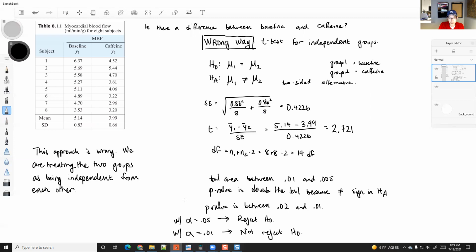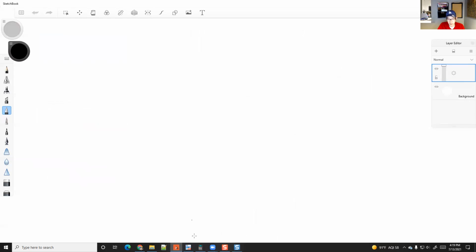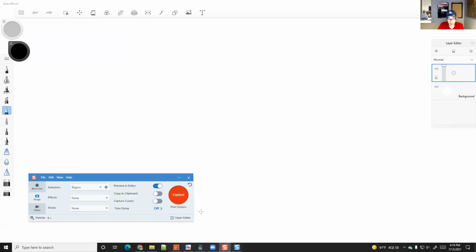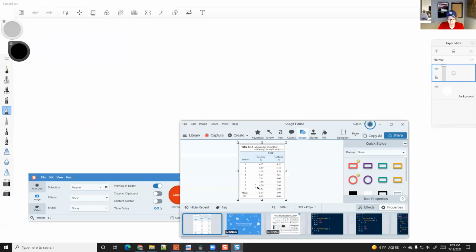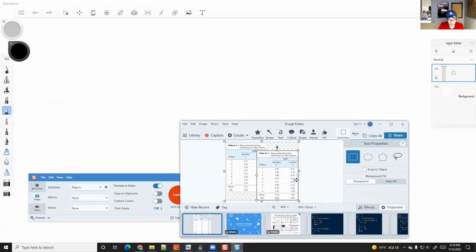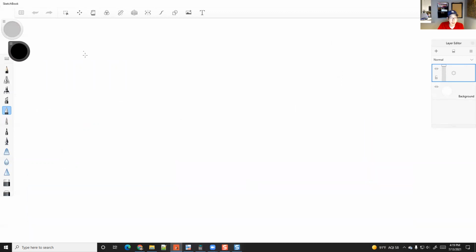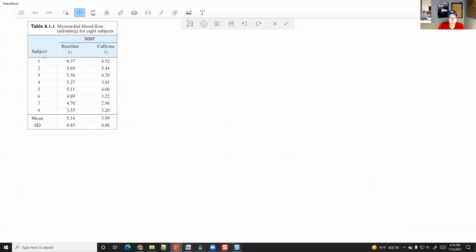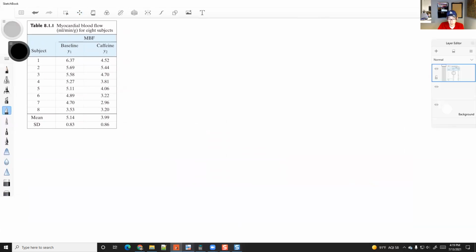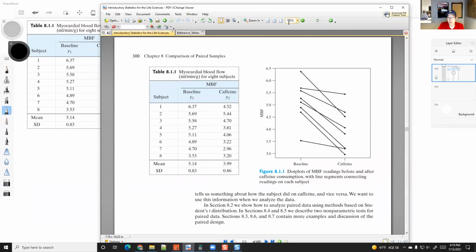The correct approach would be to treat the data as being connected, all right? And so let me once again copy this data, and put it here. And let me get this chart here.